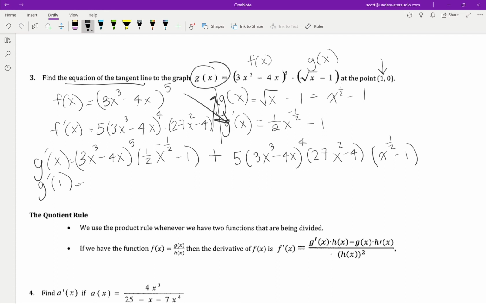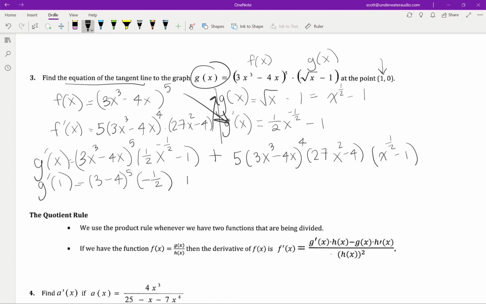Okay, 3 times 1 cubed is going to be 3. And then minus 4 to the fifth. Okay, so actually this one's not too bad because 1 to the negative 1/2 power is just 1. So 1/2 minus 1 is negative 1/2.